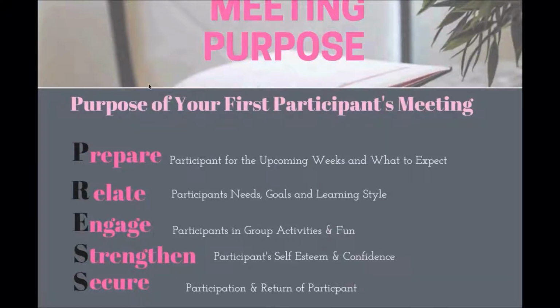The participants meeting, the information meeting, and the sign up. You give them about 2 weeks before you contact them again. And when you contact them again, you will go into your next meeting, and then it will flow just like that. You will go into your next meeting, which will be the first participants meeting.